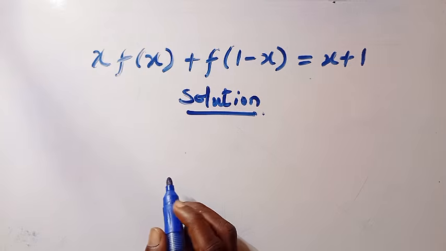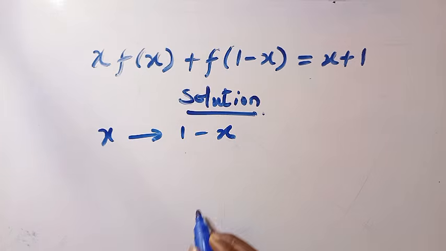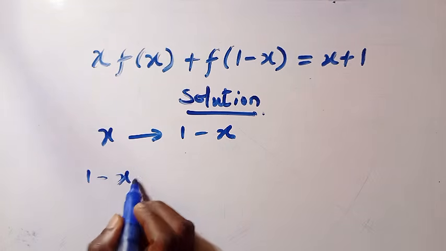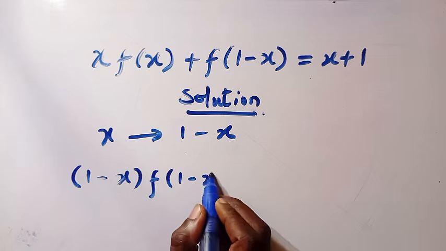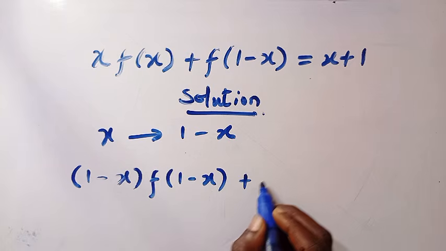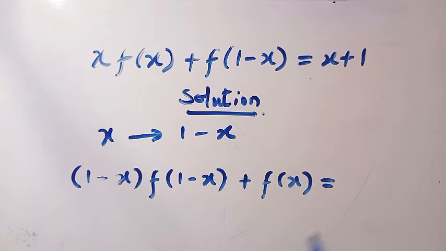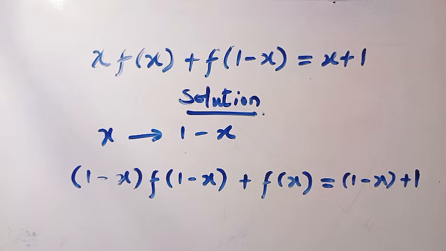First, suppose I replace x with 1 minus x. Then we have 1 minus x multiplied by f of 1 minus x plus f of x equals 1 minus x plus 1.